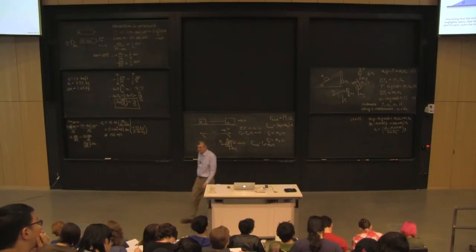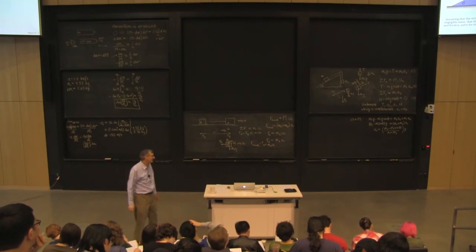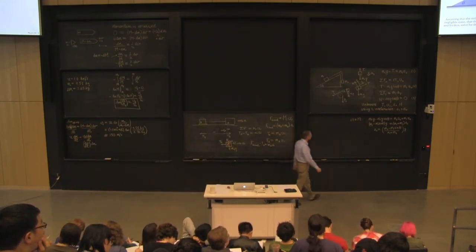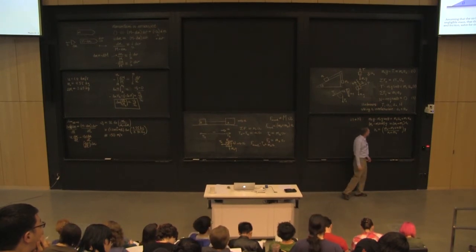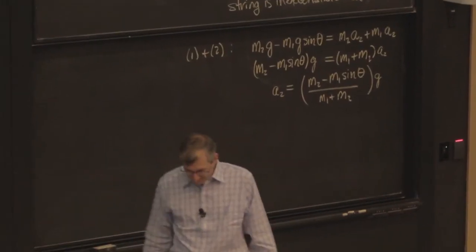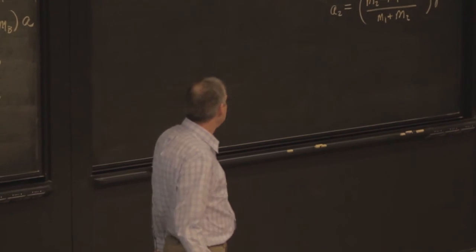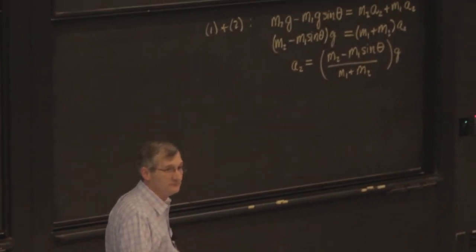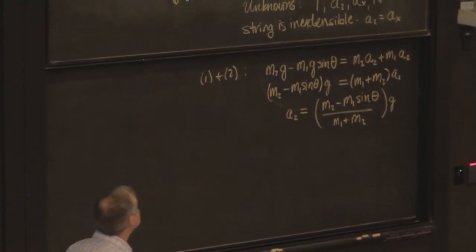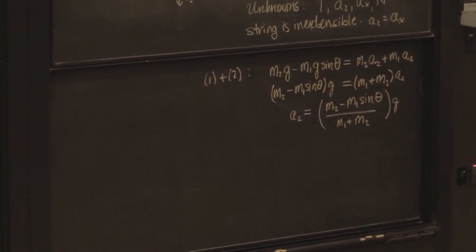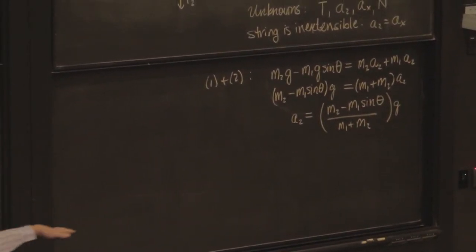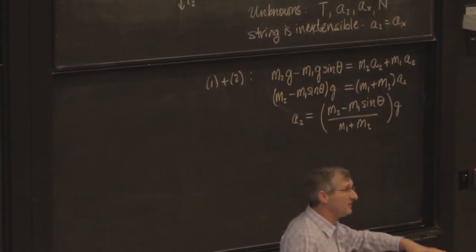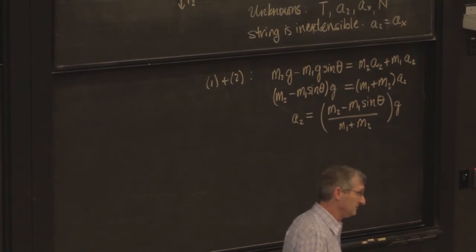Okay, so there was a lot of algebra, and it's worth checking to see if this makes sense. What does this imply when theta goes to 0? Theta goes to 0, then the wedge is no longer a wedge, it's just the table. So we have a mass M1 on the top of the table and a mass M2 falling down.